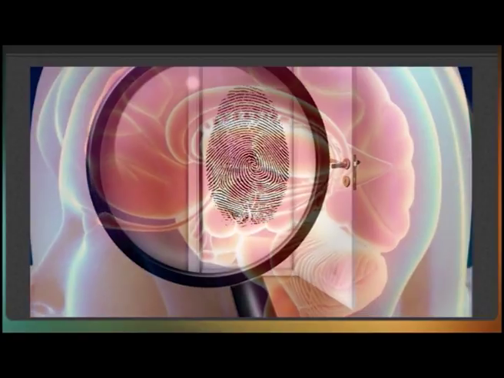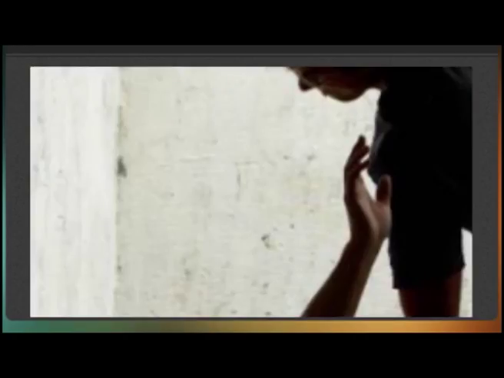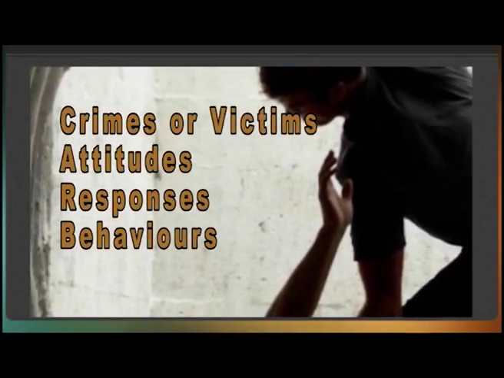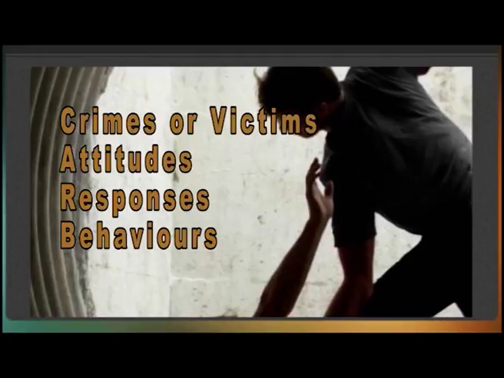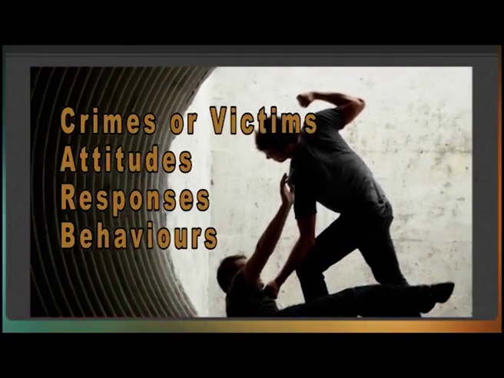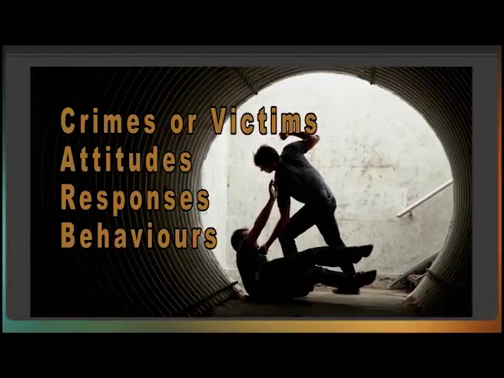An understanding of psychology, how different criminals may think about different things, their crimes or their victims, their attitudes, responses and behaviors can be of a humongous benefit during the investigation.